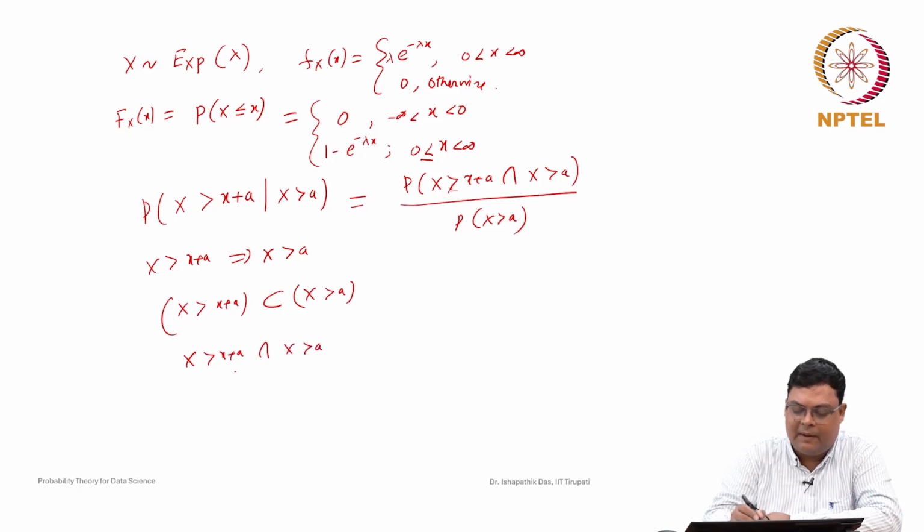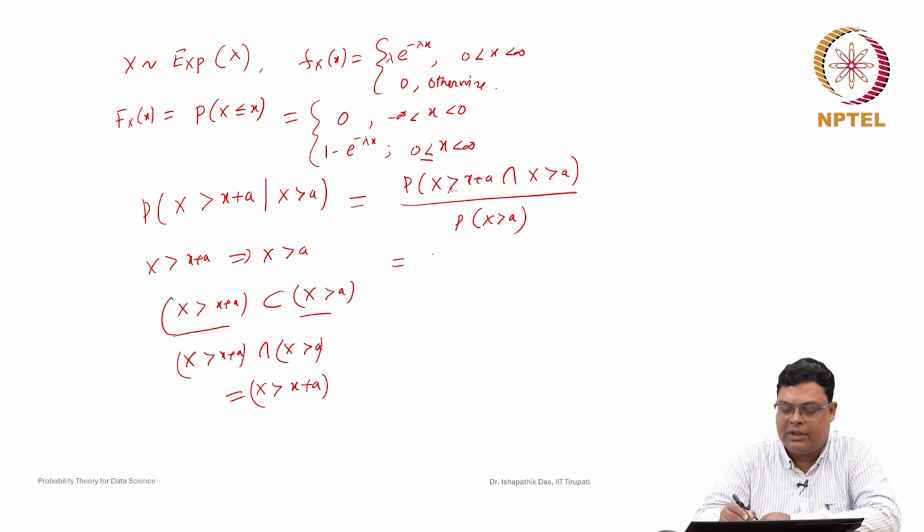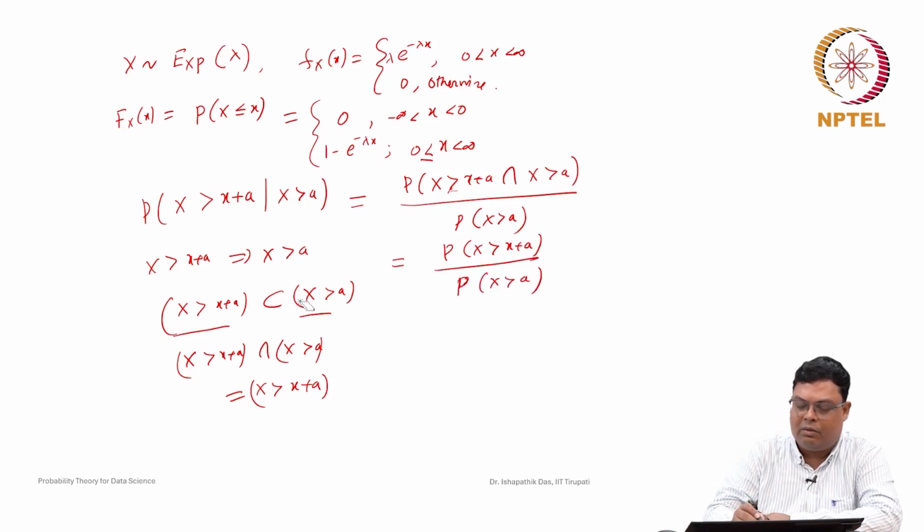So, writing again, this is the probability that X greater than x plus a divided by the probability that X greater than a. Now, we want to find these two probabilities, so here we will find that.